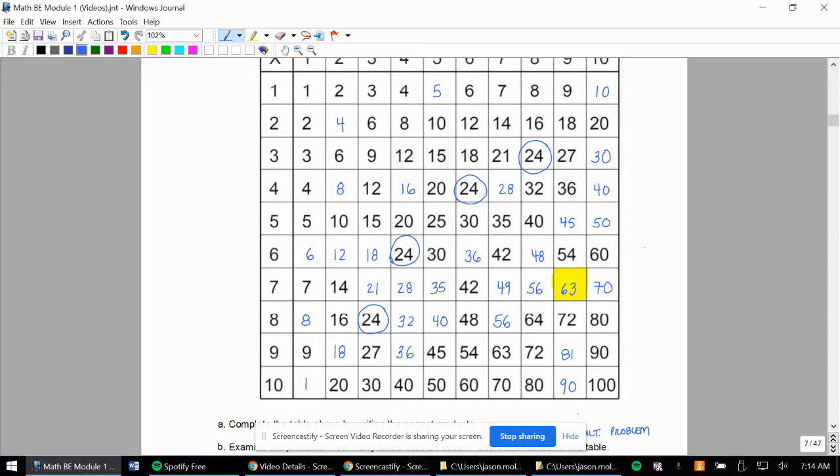All right, so let's go ahead and, I have an error in my table here. This should be 10 times 1 is 10. All right, so we're looking for numbers that only appear once. I'm going to color or circle these with a different color pen. 1 only appears once. 25 only appears once.